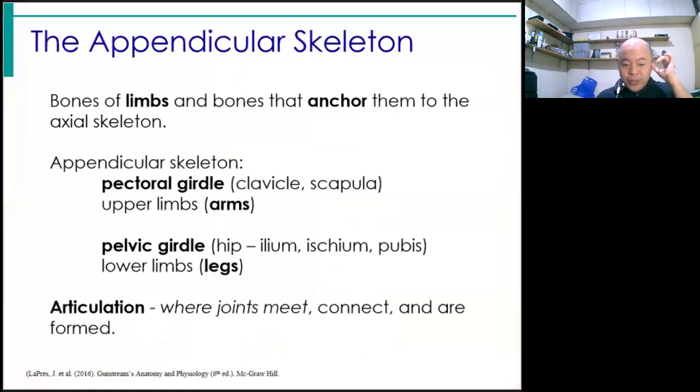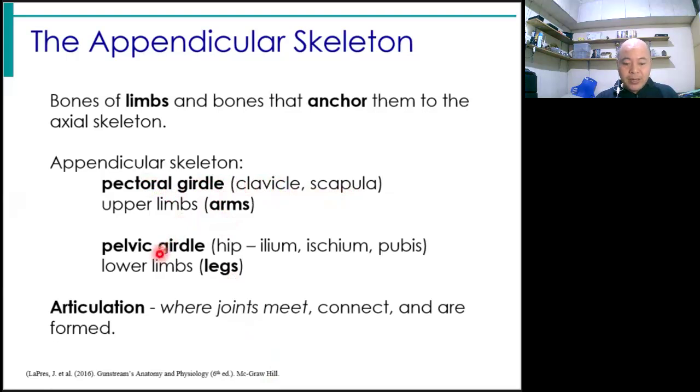So let's move into the appendicular skeleton. Basically, the clue here is appendage, or arms and legs. And we include the anchor, or where they are connected. The two girdles: we have the pectoral girdle, one on top, which is composed of the clavicle and scapula. Clavicle is here, that bone just below your neck to the side.